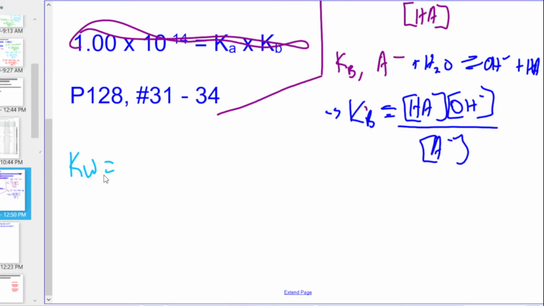What mathematical relationship have we already done with Kw? You've used this just last day. Turn back a page or two.